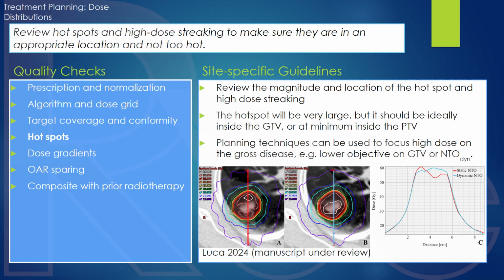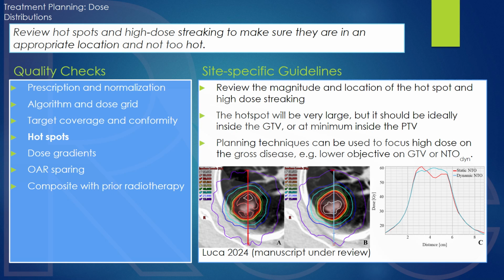So with SRS and SBRT, the hotspot can be very large, but ideally it should be inside of the GTV and at a minimum inside of the PTV. Planning techniques can be used to focus the high dose on the gross disease. And so in this example that I'm showing here, the lower objective was placed on the GTV. A dynamic NTO can be used. That publication's under review right now.